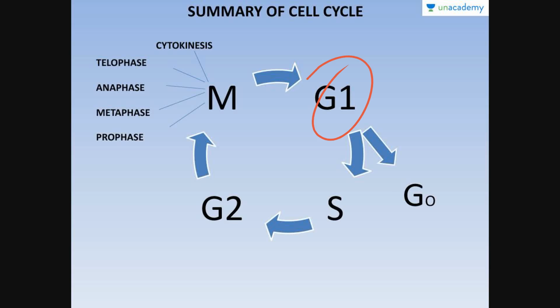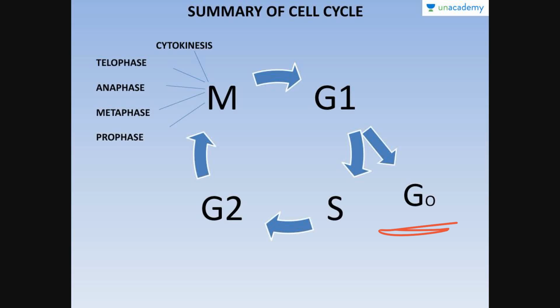Once they have grown, they would no longer divide. They'll only remain metabolically active. They would not divide further. So they enter a phase called as G0 or quiescent phase. In humans, nerve cells are such cells. They won't divide once formed until and unless there is any cell death or cell injury.